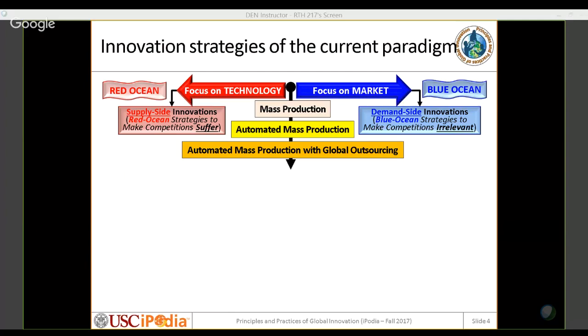Now, in the last several decades, we also started to do automated mass production around the world. Why? Because information technology allowed us to have communication, have networking around the world. So it becomes possible that you have a headquarters in one location, a design office in another location, and then you have your huge factory in another location.